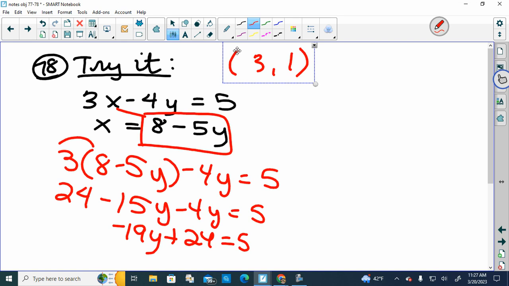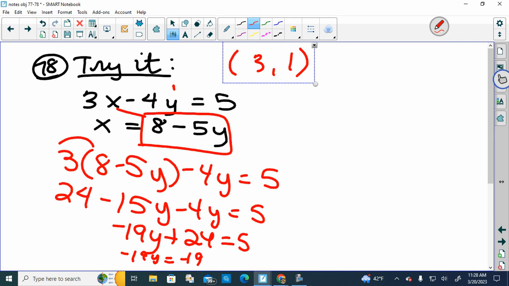Okay, so then you move the 24 over to the other side, so subtract 24 from 5 would give you, what? Negative 19. So you have a negative 19y equals a negative 19, right? So a negative divided by a negative would make it a positive. And that's your y, okay?